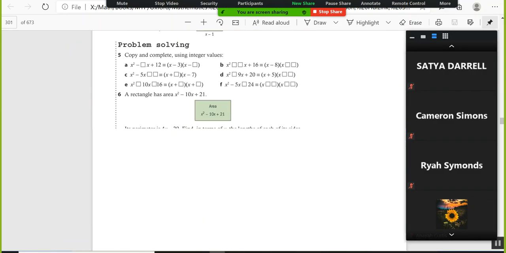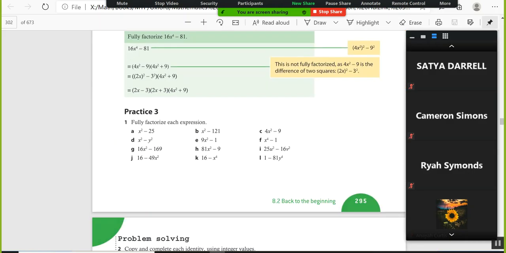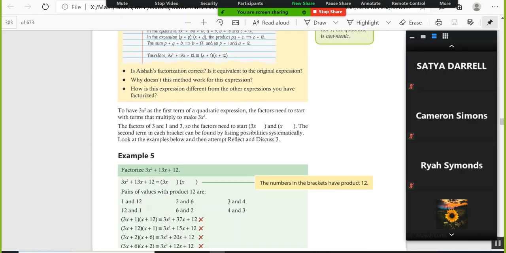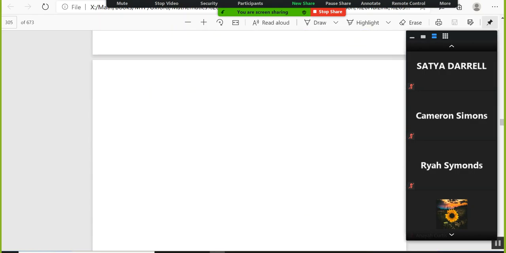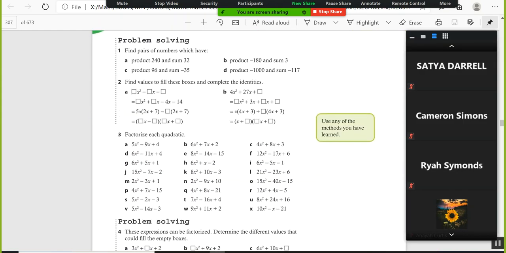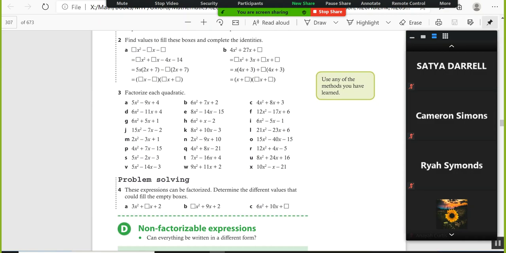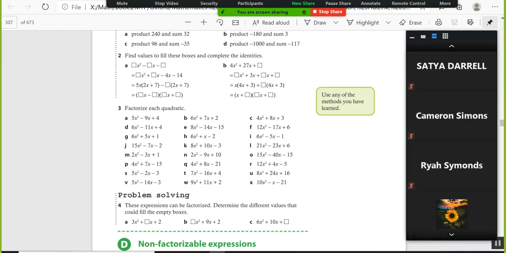So if you can have a practice, just make sure you're all good. I'll put the video up. I'm skipping a lot of stuff because it's unnecessary. We'll go to splitting the middle term in a couple of lessons. Split the middle term, next lesson. All good?